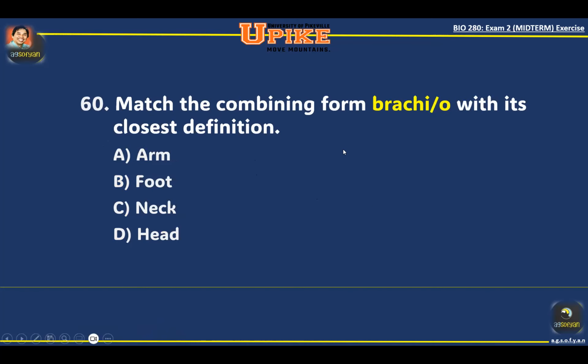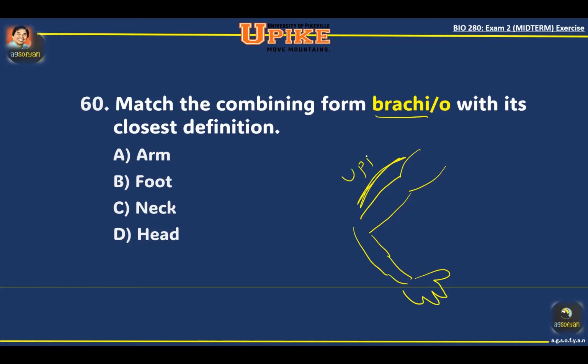Match the combining form of brachio with the closest definition. If you have a hand, let's say like this, brachio is this area, the upper arm. So brachio relates to the arms.